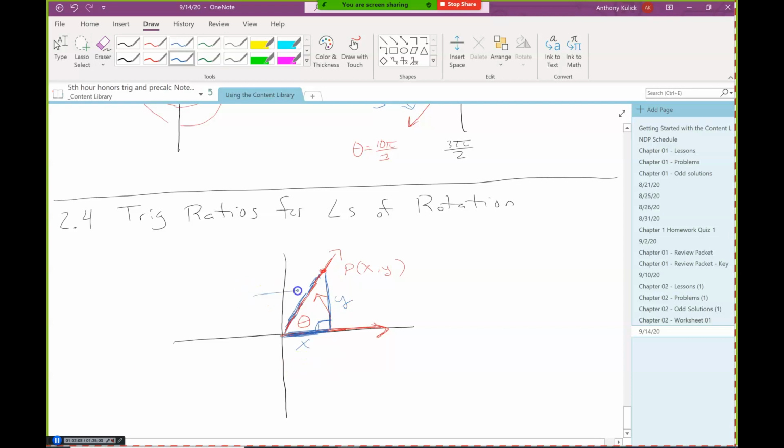And then what's the hypotenuse got to be then? Square root of x squared plus y squared. Right? Just the Pythagorean theorem applied to the 2 sides. We're going to refer to this side as r.